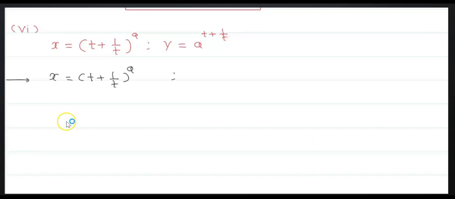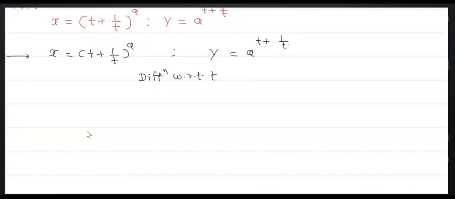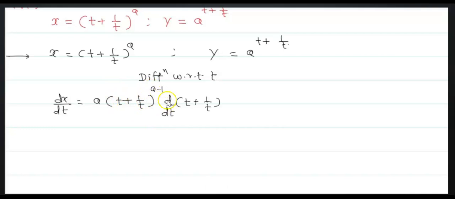Therefore, x is equal to (t plus 1 upon t) raised to a, and y is equal to a raised to (t plus 1 upon t). Now differentiate this with respect to t. dx/dt is a(t plus 1 upon t) raised to a minus 1 into d/dt of (t plus 1 upon t).